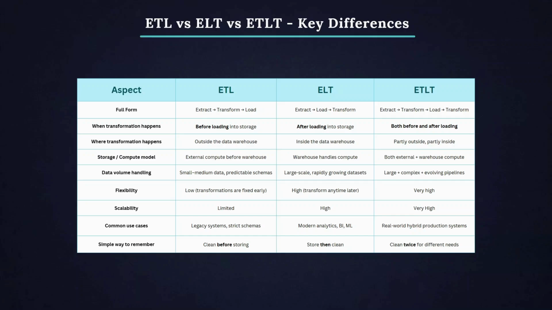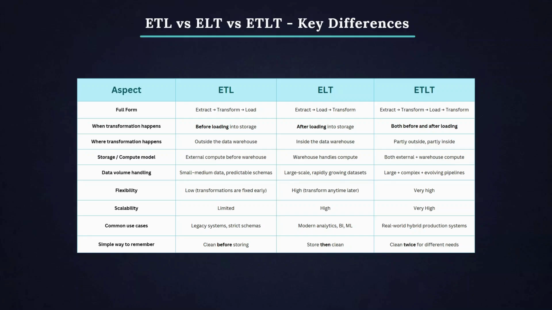In ELT, the order changes. The data is first loaded into the data warehouse and then the transformation happens within it. This approach is more flexible and scalable, and it is commonly used with modern cloud data warehouses.